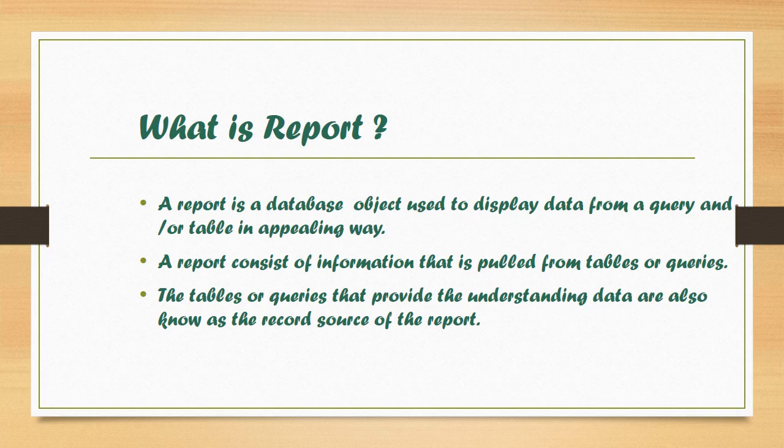And second, a report consists of information that is pulled from tables or queries. The tables or queries that provide the underlying data are also known as the record source of the report. A report can have more elaborate formatting and layouts than other objects that you print.